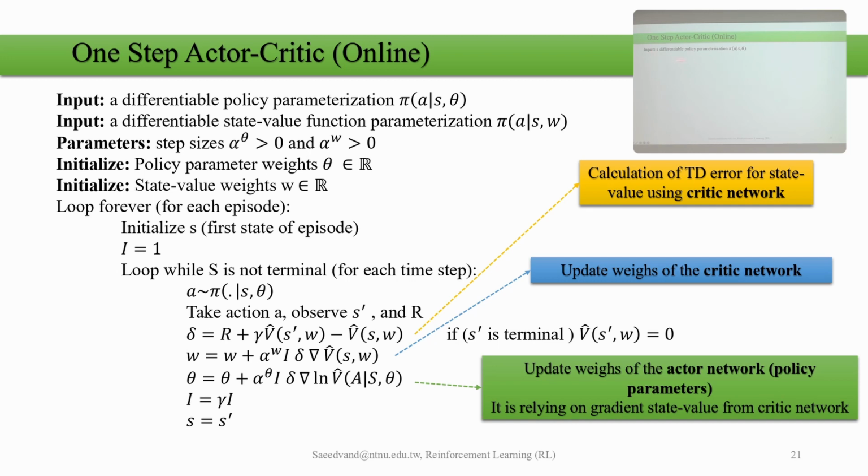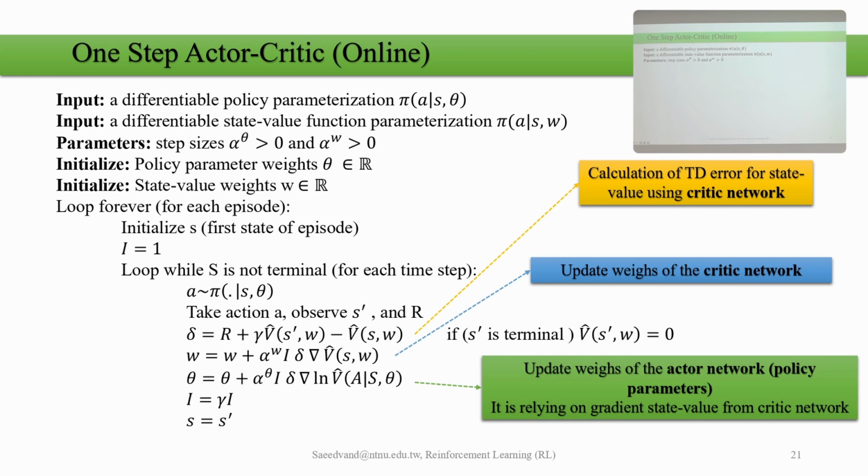Input is a differentiable policy parameterization, policy pi of action given state and theta. One input. And the second one is a differentiable state value function parameterization, that is stated as v of state and w. So actor, critic, as initial values.